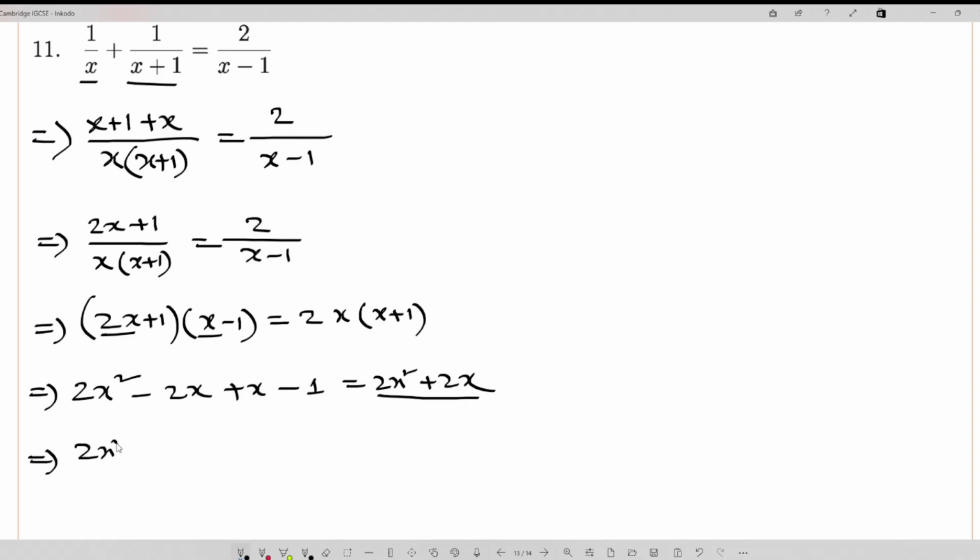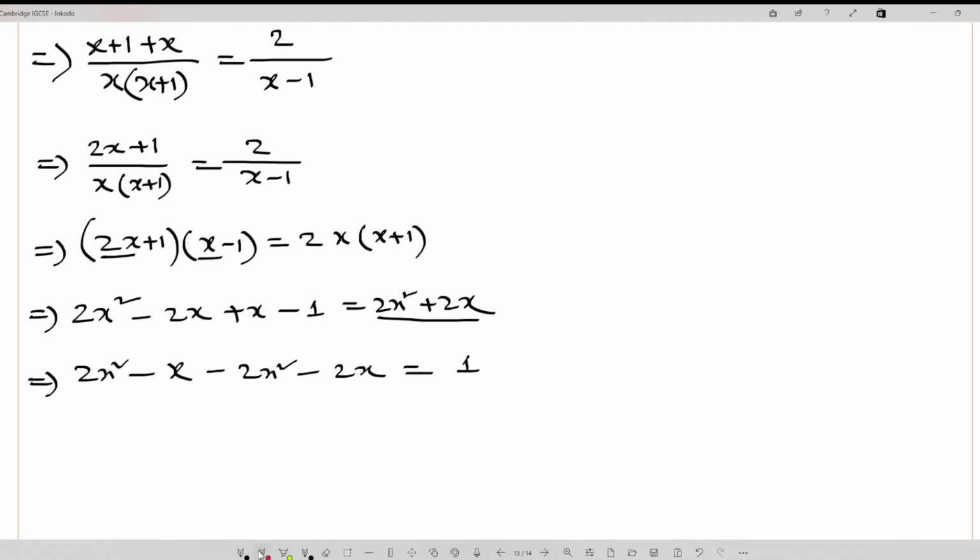So 2x square minus 2x square cancel out, minus 2x and plus x will be minus x, then minus 2x, equals this minus 1 becomes plus 1, right? So minus 3x equals 1.